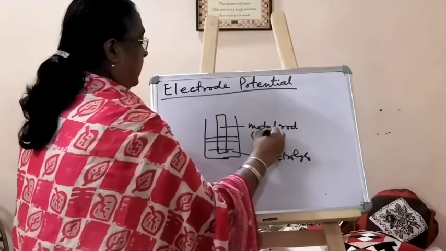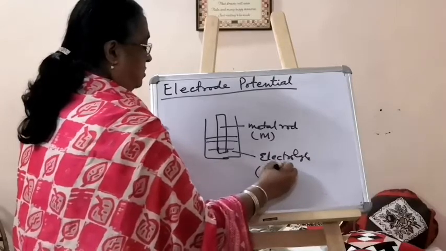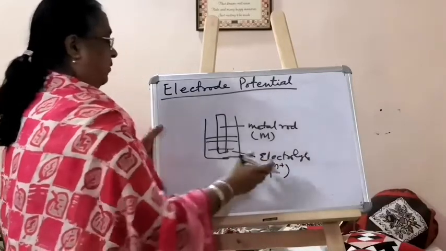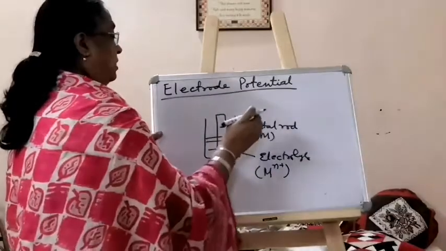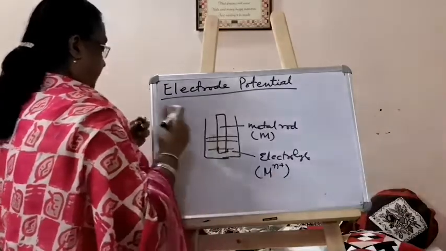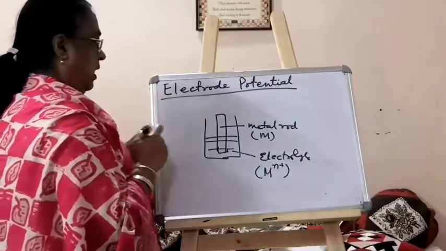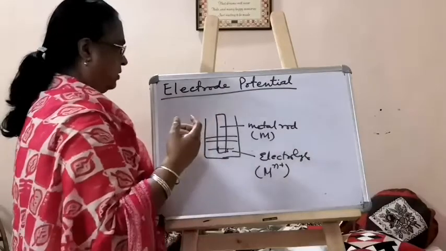If the metal is M, then the electrolyte will have ions of this metal, whatever the valency, Mn+. So when the electrode metal is in contact with a solution of its salt, two phenomena are possible.